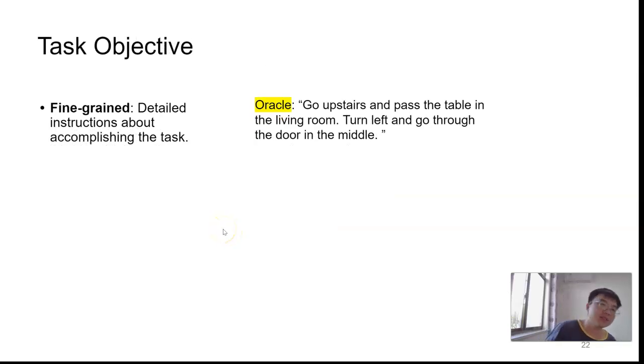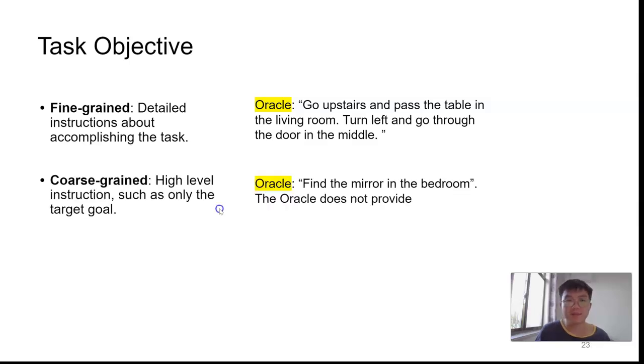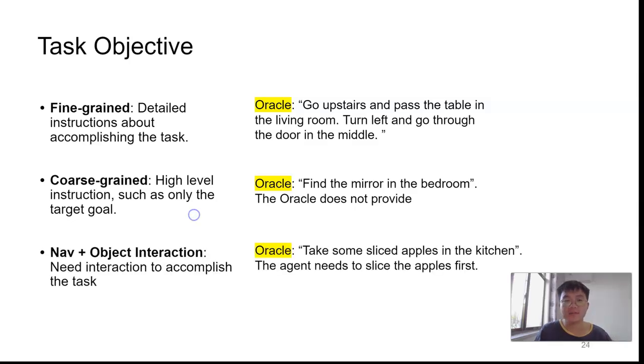Here we also have three types for task objectives. First, fine-grained. It means that at the beginning, the oracle will give a very detailed instruction for the agent about what to do step by step. It could also be coarse-grained. In that case, the oracle will only give a high-level instruction, and then the agent will need to figure out how to achieve the goal by itself.